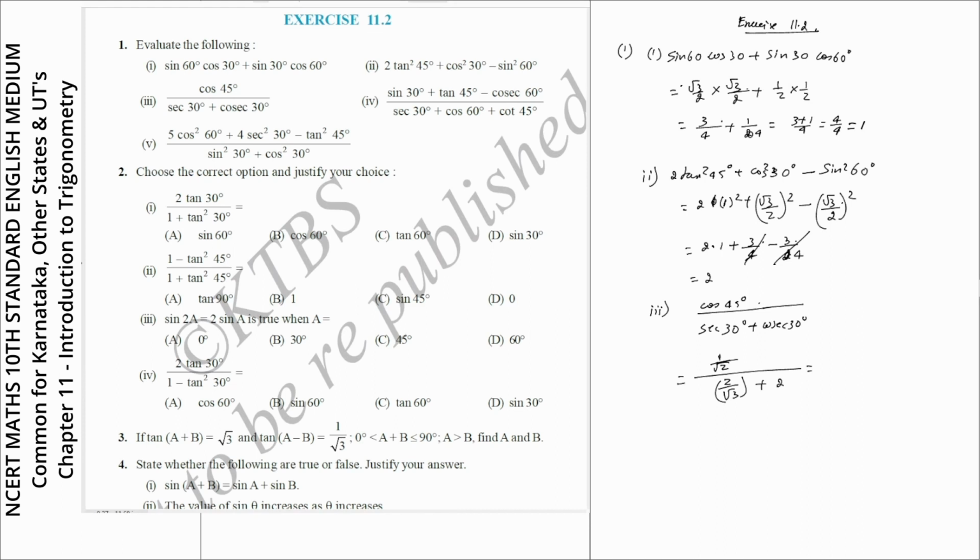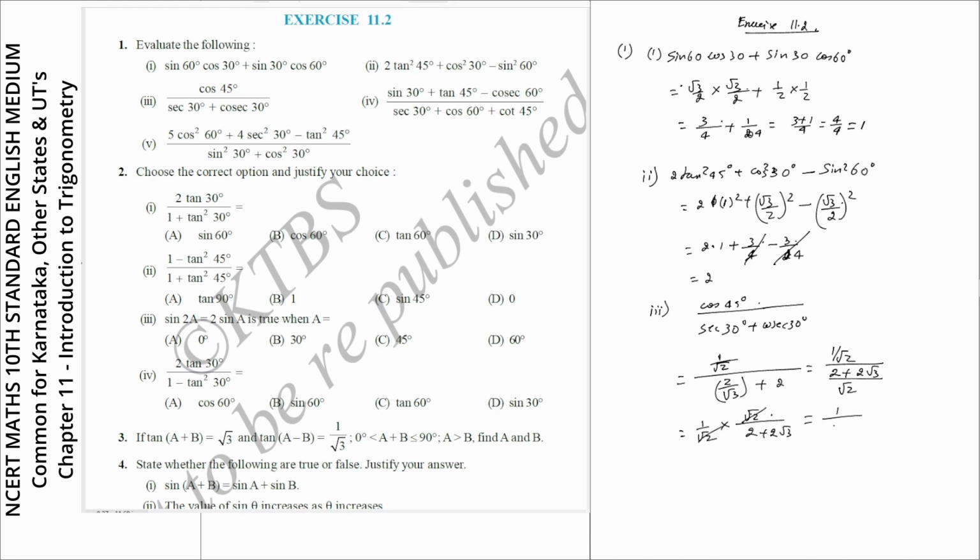So this is equal to 1 by root 2 by, now here root 3 I can take as LCM. So this is 2 plus 2 root 3 I'll get. So now this is equal to 1 by root 2 into, I'll take the denominator to the numerator. So in the numerator it becomes root 2 by 2 plus 2 root 3. So root 2 will get cancelled.